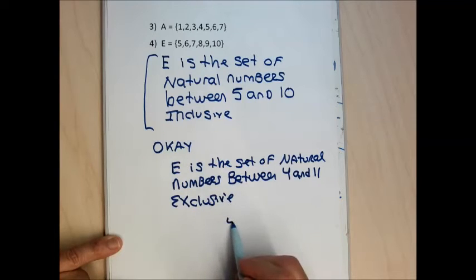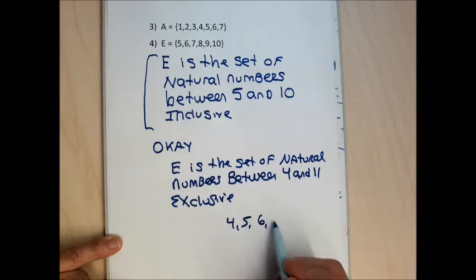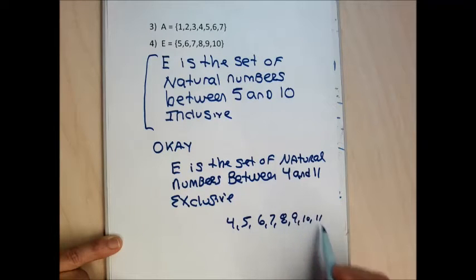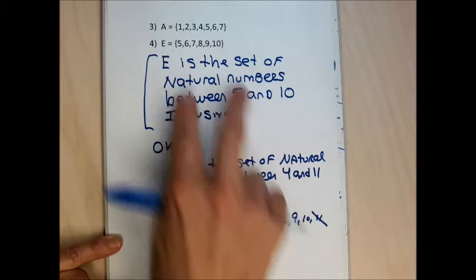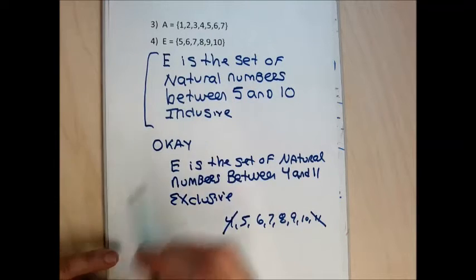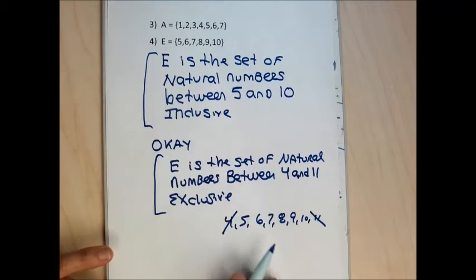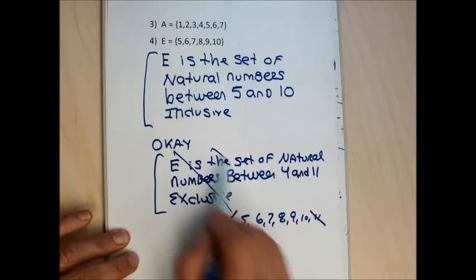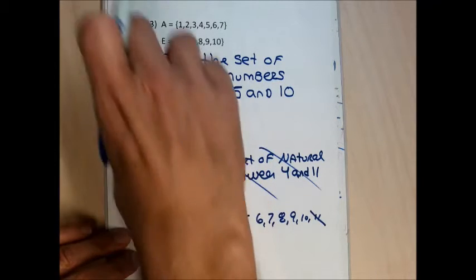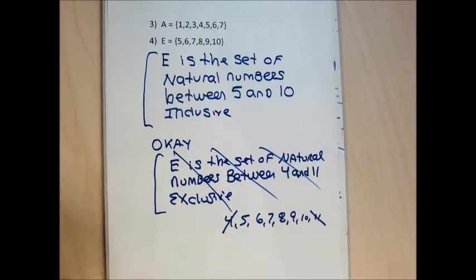Because the natural numbers that I think of that are between 4 and 11 are 5, 6, 7, 8, 9, and 10. When I use the word exclusive, it doesn't count the first number mentioned, it doesn't count the last number mentioned, it only counts the numbers that are in the set 5 through 10. So these are equally okay. Because you only need one form of the answer, I almost never use the word exclusive in my answer, and I almost always use the word inclusive.